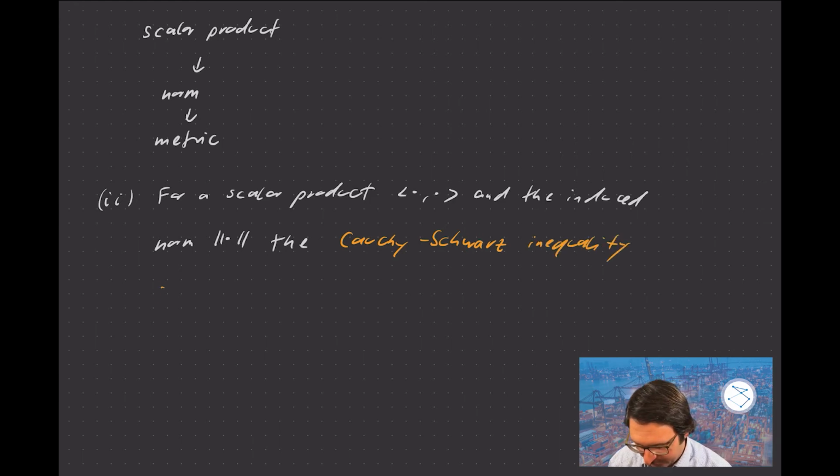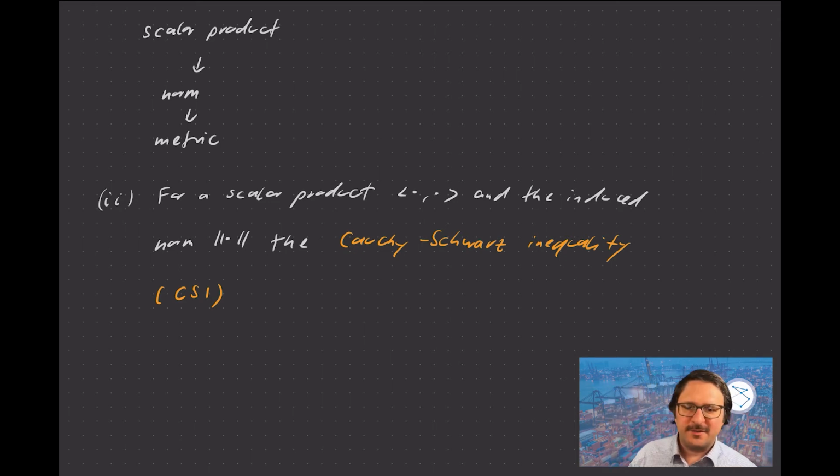Or short form for that, we'll often refer to that as the CSU, or CSI. CSU is the German abbreviation, the Cauchy-Schwarz Ungleichung. So if I happen to say CSU, I actually mean CSI. So that's the Cauchy-Schwarz inequality.